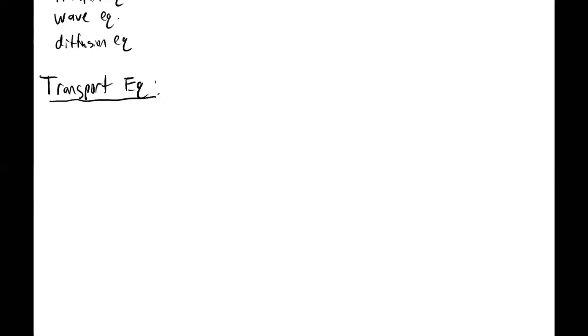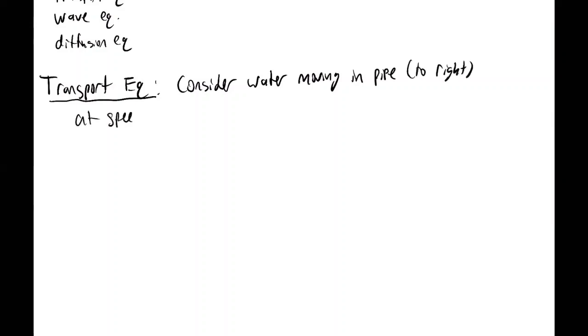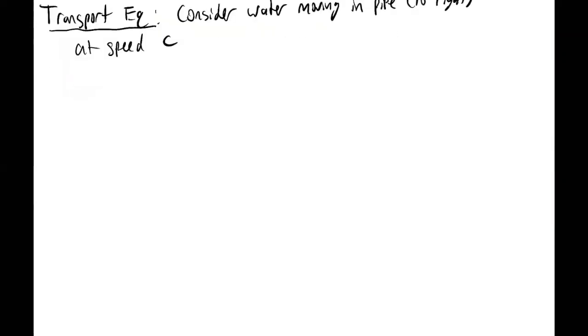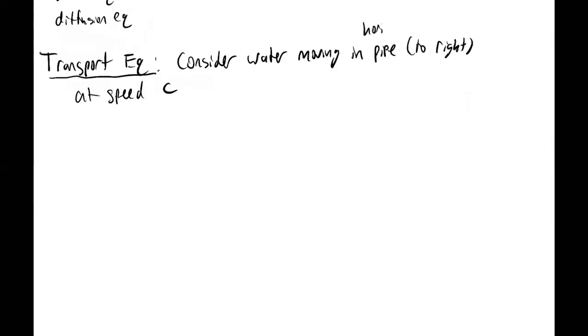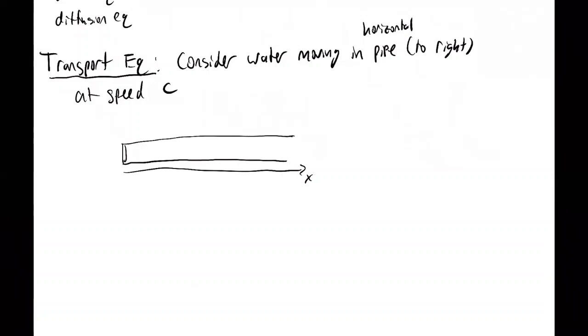So what is the transport equation describing again? Just for quick review, let's consider water moving in a pipe, say to the right, at some speed. Let's say the speed is c. Let's suppose the pipe is horizontal too. So I have my direction of movement, which is the x-axis, and I have some pipe, and then I have some water that's flowing along.